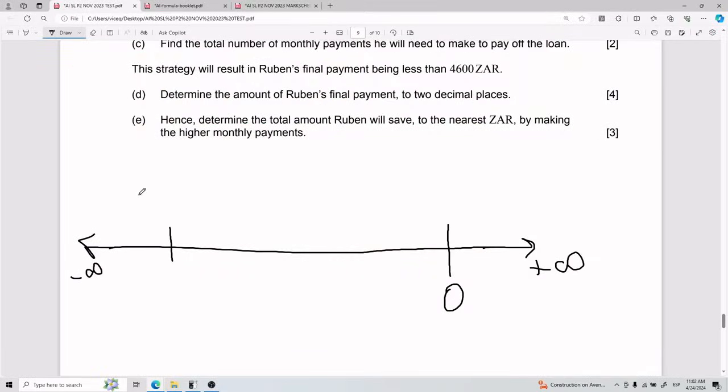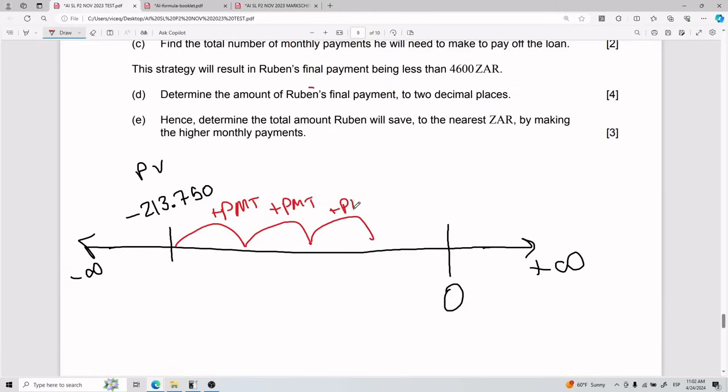So that means right now he has negative 213,750 ZAR. And so your PV is here, and through a series of plus PMTs, I don't know how many, but through a series of positive PMTs, he's going to reach 0. And that will be when he has paid off his loan.